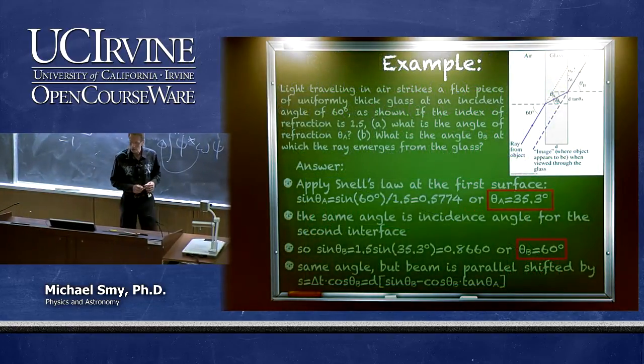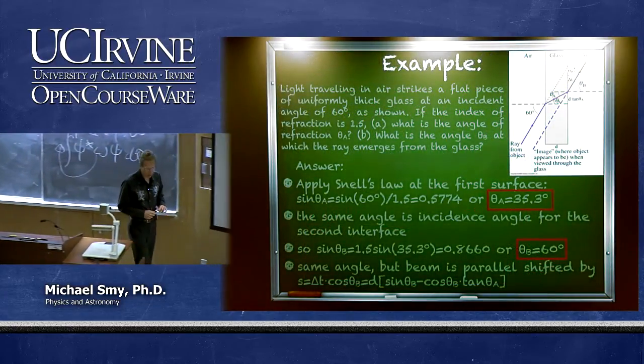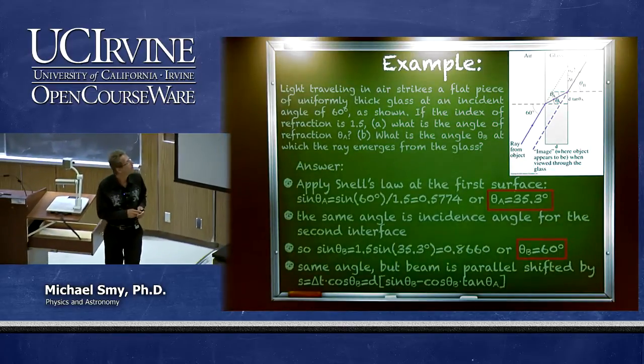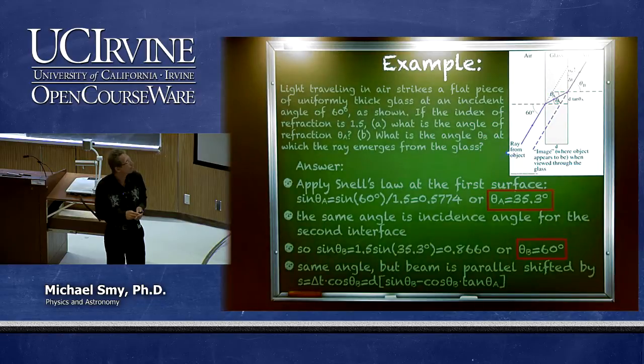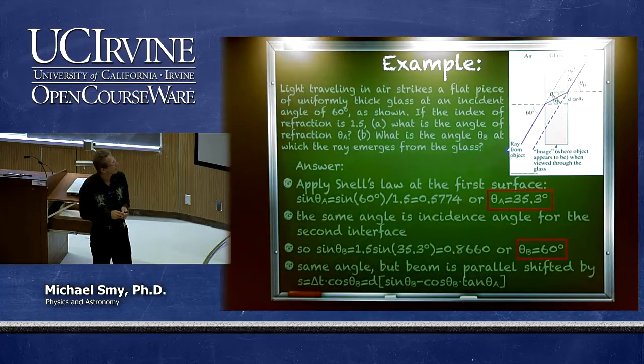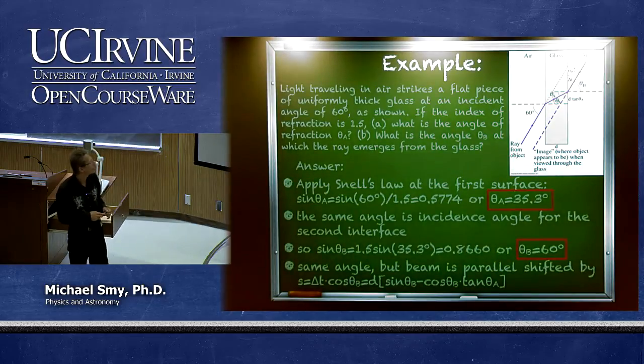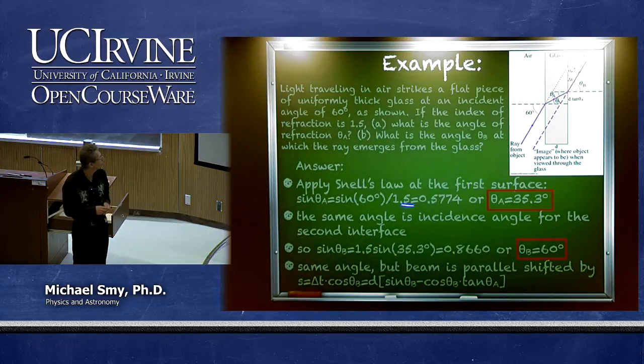So let's calculate an example with Snell's law. Let's assume we have a slab of glass, and a light ray that strikes the glass with an incident angle of 60 degrees. The question is, what is the angle of the outgoing light ray after it passes through the glass back into the air? To answer that, we apply Snell's law at the first surface.